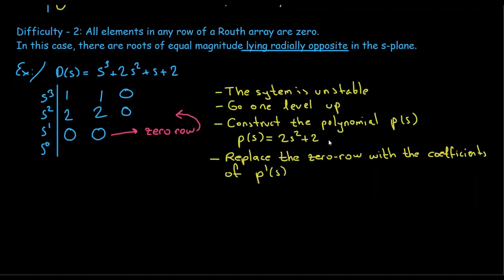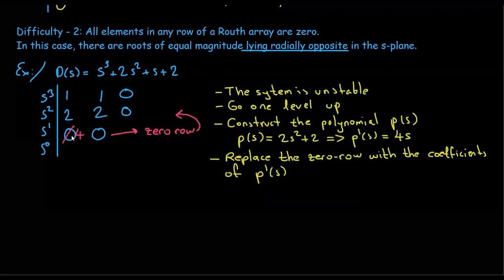In our example, P prime of s, the derivative of P of s, is equal to 4s. So I go to the zero row and replace these zero terms with the coefficients of 4 times s. This is the row corresponding to the s term over here, and I will write here 4 instead of 0.